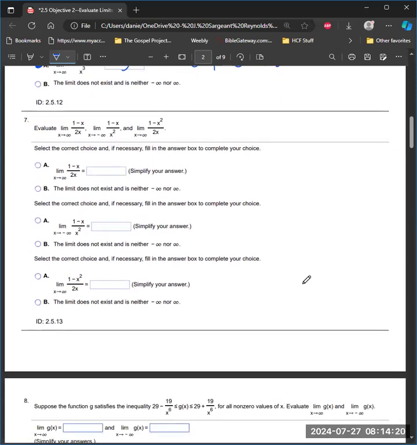Let's evaluate these limits here now. Limit as x goes to infinity, 1 minus x over 2x. So let's multiply top and bottom by 1 over x. Limit as x goes to infinity of 1 over x minus 1 over 2 is going to be 0 minus 1 over 2, which is a negative 1/2.